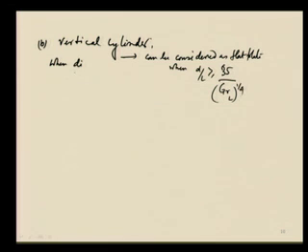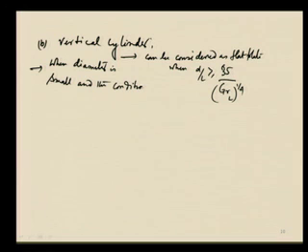This is one case, and the second case is when the diameter is small and the condition is not fulfilled. These are very rare cases, and in those situations some other correlations have to be used.